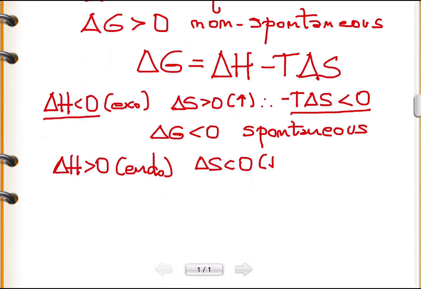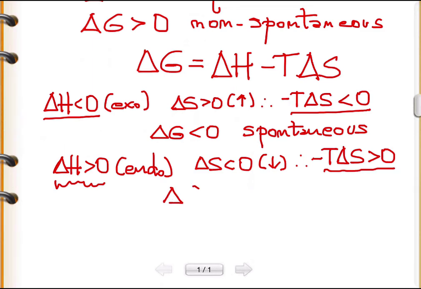So in other words, the entropy of the reaction is decreasing. So if the entropy of the reaction is decreasing, then the term minus T delta S, with delta S smaller than 0, has to be larger than 0. So now we have larger than 0, delta G, no matter what, has to be larger than 0. So this is going to be a non-spontaneous reaction.